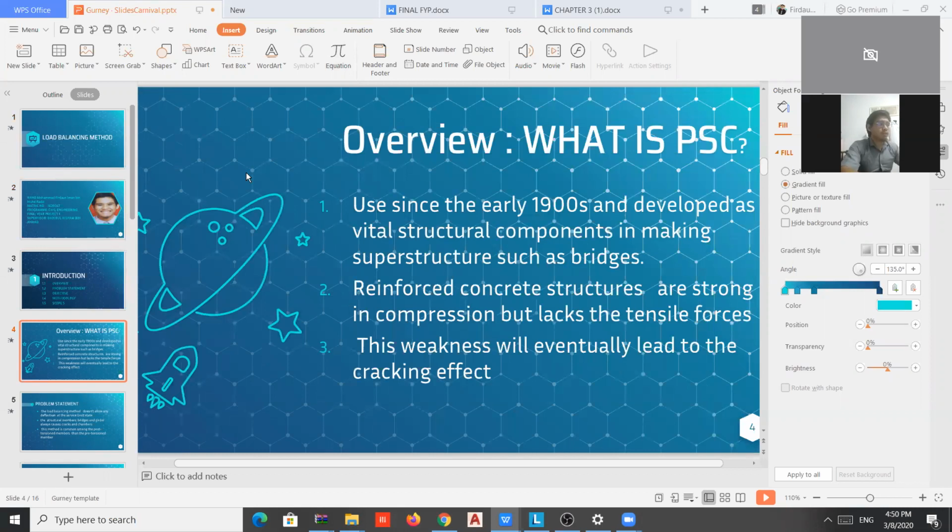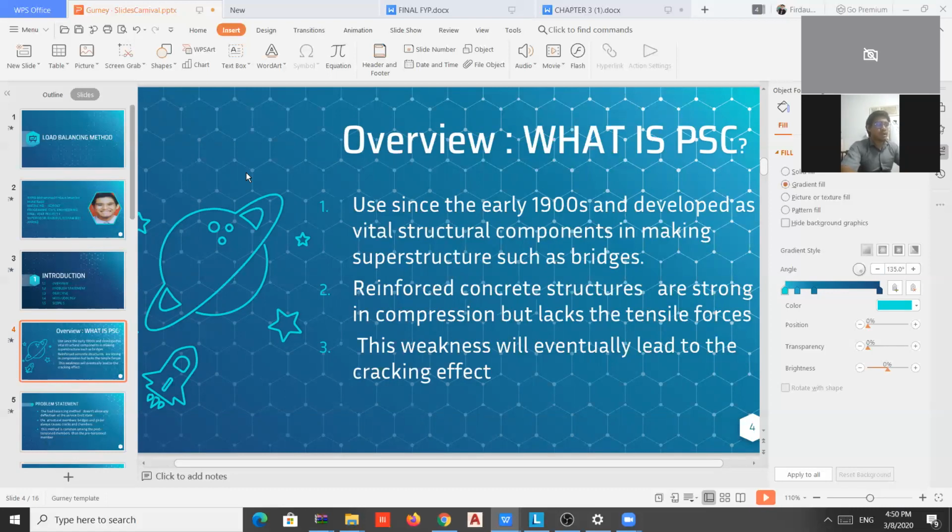So for the overview of our load balancing method, we need to know first what the pre-stressed concrete structure is. The pre-stressed concrete structure, known as the PSC, was used in the early 1900s and developed a few decades later into an important structure for heavy sustained loading structures such as bridges and girders. Even though RC structures are strong in comparison, they lack tensile forces.